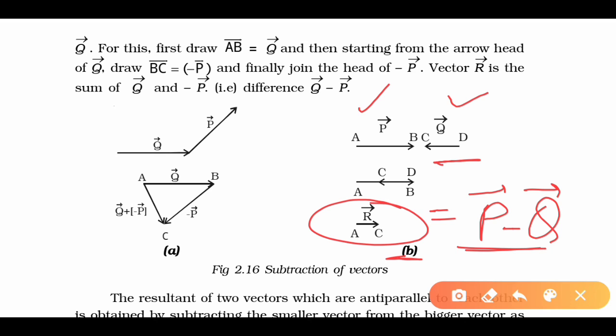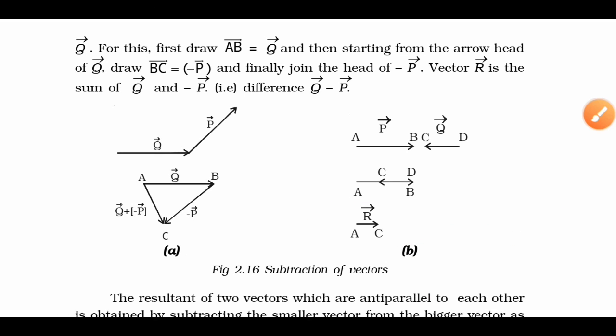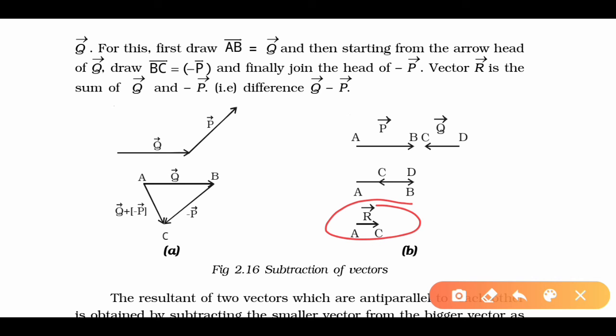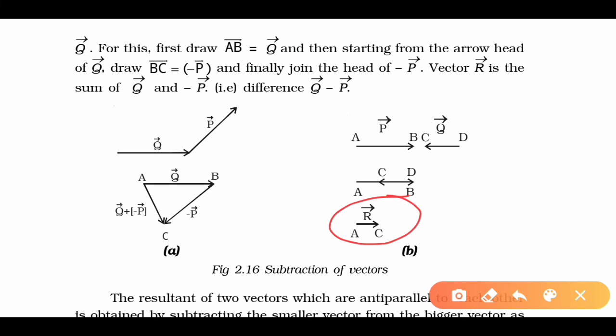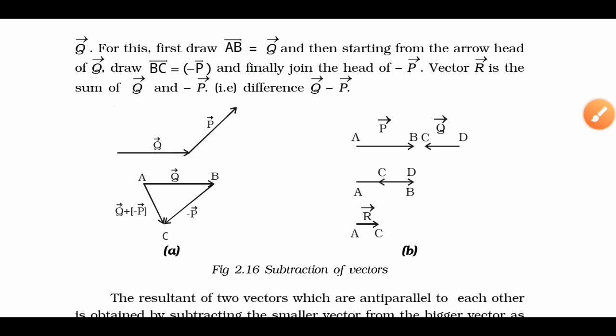Okay, and the magnitude of R vector, that means resultant vector, will be less compared to these vectors, because this one is the difference of two vectors. R vector is the difference of these two vectors. Clear?